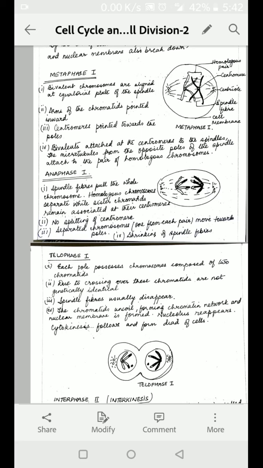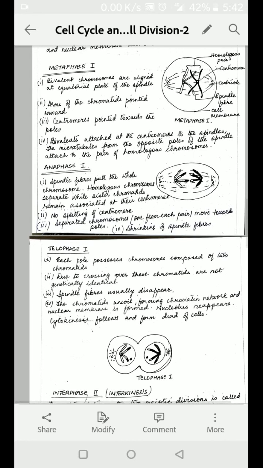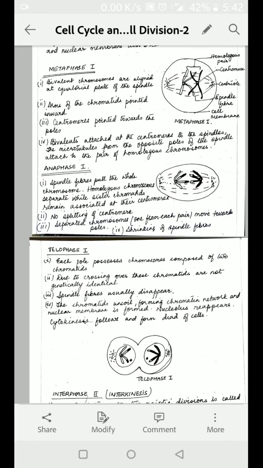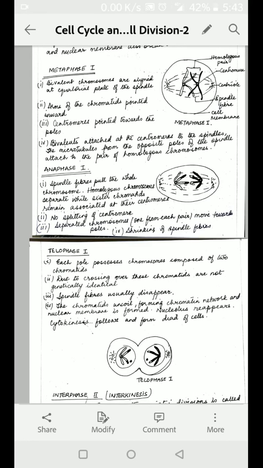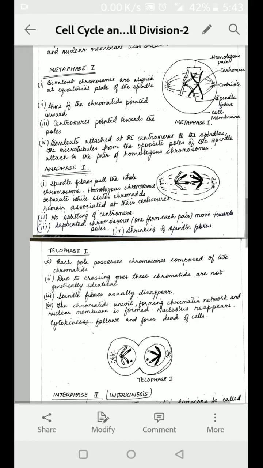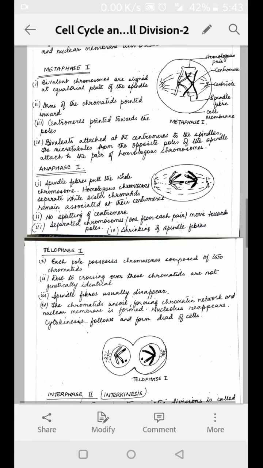The spindle fibers usually disappear and the chromatids start uncoiling. They form the chromatin network, the nuclear membrane is formed, and the nucleolus reappears. After telophase 1, 2 nuclei are formed, and each of these nuclei has half the number of chromosomes of the parent cell.